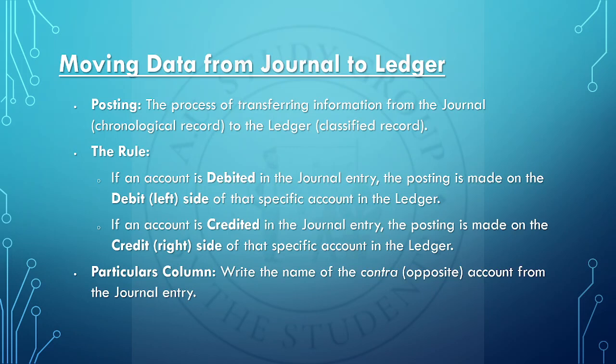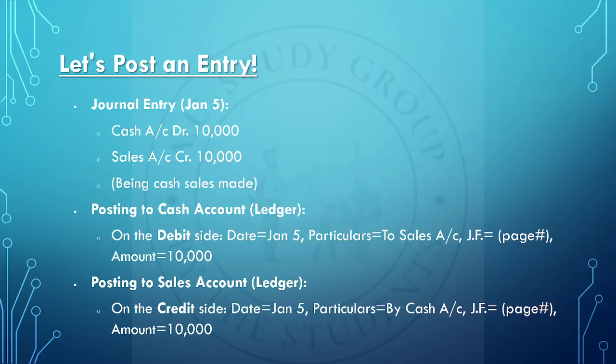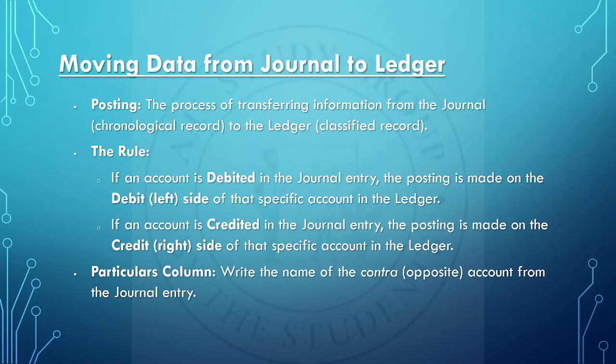The rules are very simple. If an account is debited in the journal entry, you record the details on the debit side. I'll explain that with an example, but let's first understand the rule. If the account is debited in the journal, you record the details on the debit side of that account in the ledger.